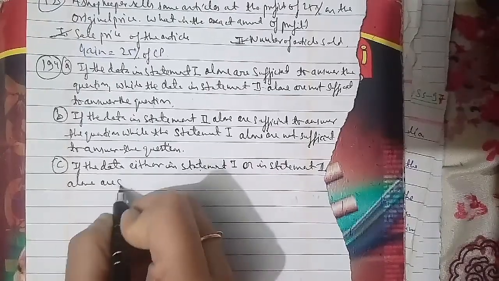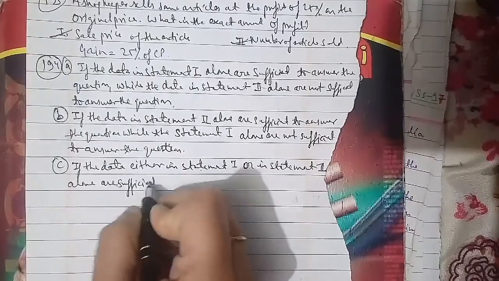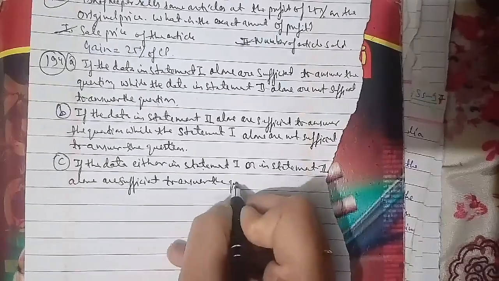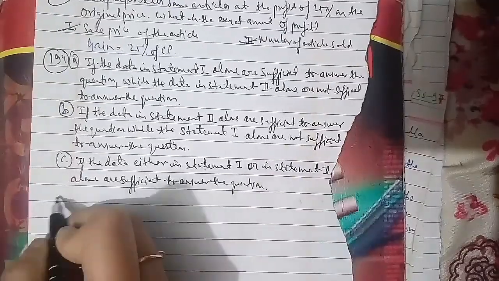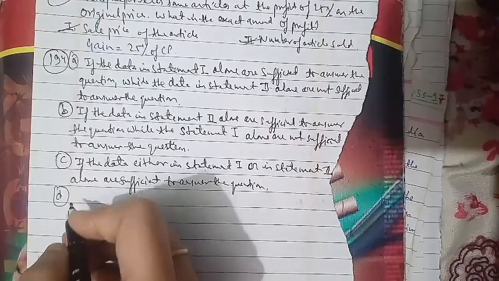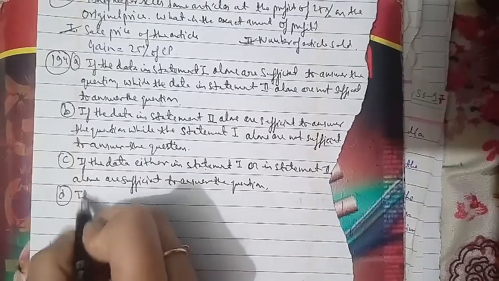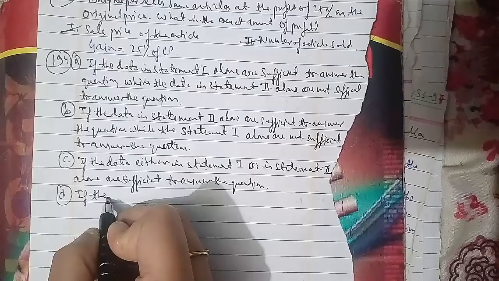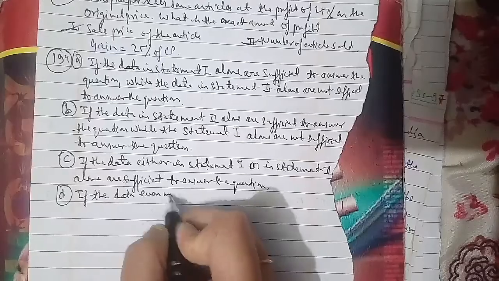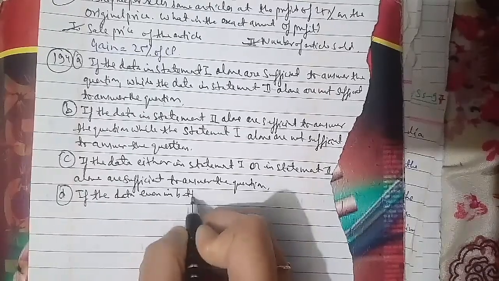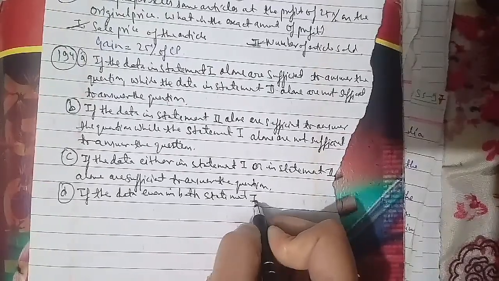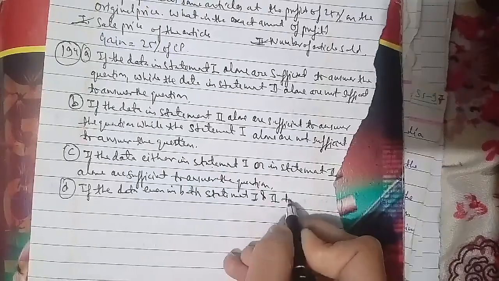Now you go for option D. Give answer D if the data even in both statements 1 and 2 together are not sufficient to answer the question.